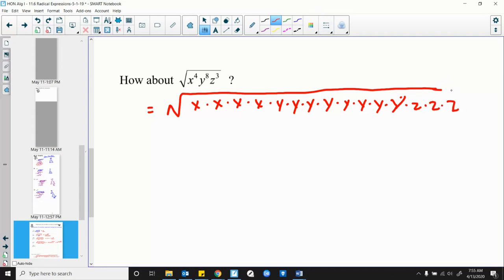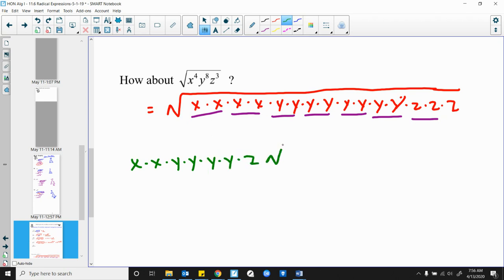And then we'll go ahead and find our pairs. So I got a pair here, a pair here, a pair there, a pair here, a pair here, a pair here, and a pair here. On the outside, remember when these come outside, they become 1. So I'm going to have an x times x times y times y times y times y times z. And then on the inside is 1 z.